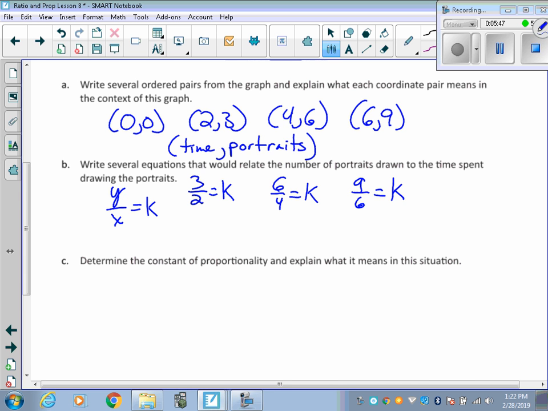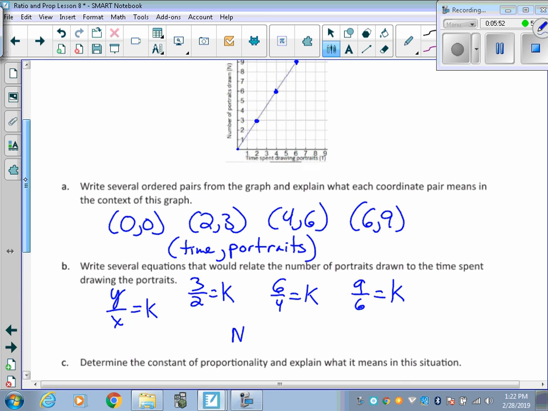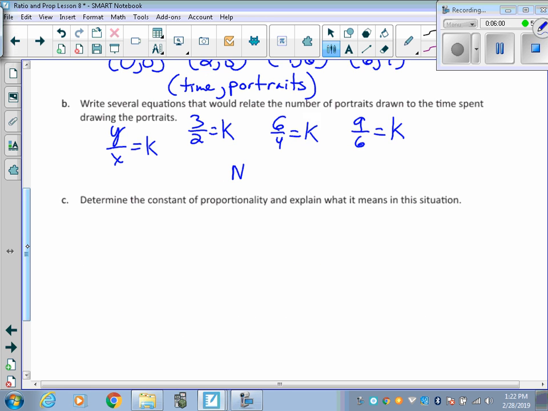So therefore, if you take the number of portraits, n, notice how it says number of portraits is n, and the time spent is t. So n divided by t equals k. Well, when you go ahead and divide each one of those, 3 divided by 2 is 1 1/2. 6 divided by 4, 1 1/2. 9 divided by 6, 1 1/2. So this is n over t equals 1 1/2, or 1 5/10.